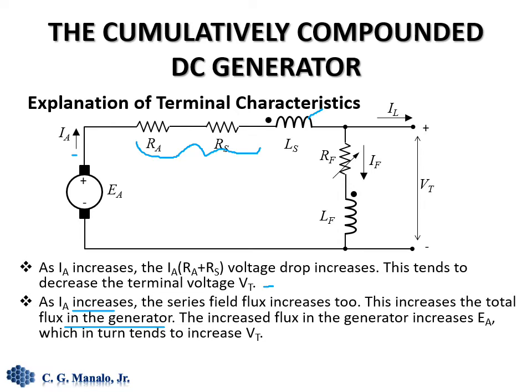This increase in flux will increase E sub A, which will increase I sub A, or increase I sub L, and this increase will tend to increase V sub T. So in here this tends to decrease V sub T because of the drop in R A and R S. This tends to increase V sub T.